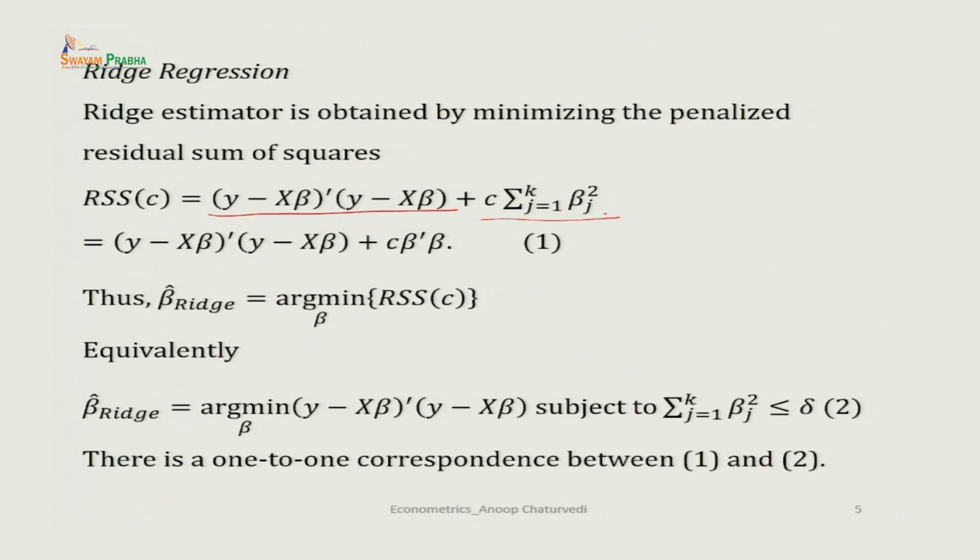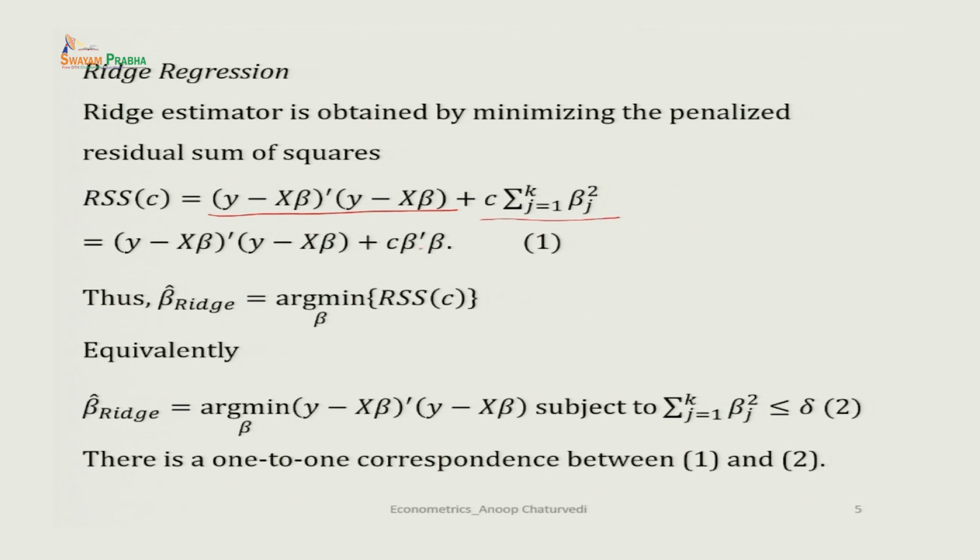So, this is the penalty term, and you can write RSS C as (y minus x beta) transpose (y minus x beta) plus c beta transpose beta. And then we obtain the Ridge regression estimator by minimizing RSS C with respect to beta.